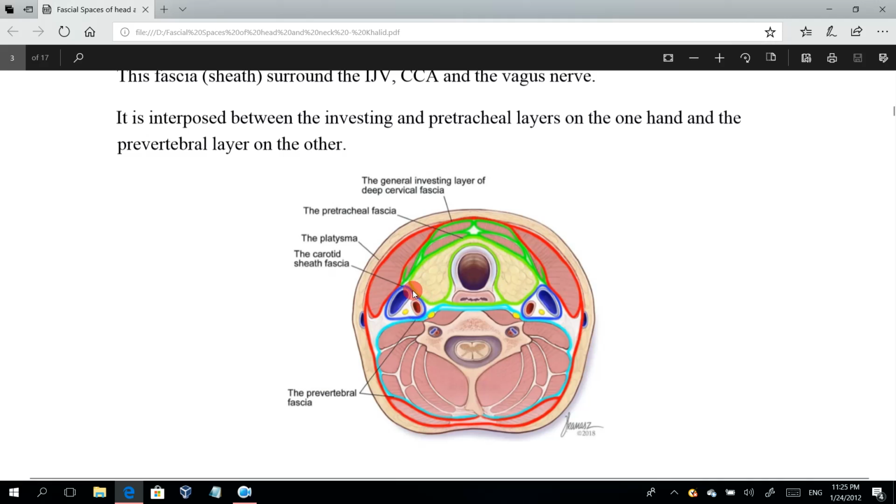The carotid sheath is formed from the investing fascia, the pretracheal fascia, and the prevertebral fascia, and it surrounds these important structures.